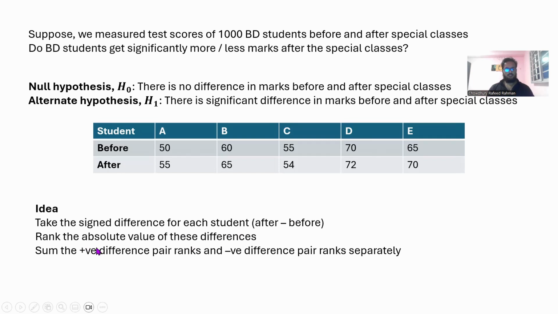These two sums will give us a measure of how extreme things are, and using this measure of extremeness, we are going to get the p-value. If you haven't really understood what I mean, don't worry. I'm going to now show you a concrete example of how this is actually done.